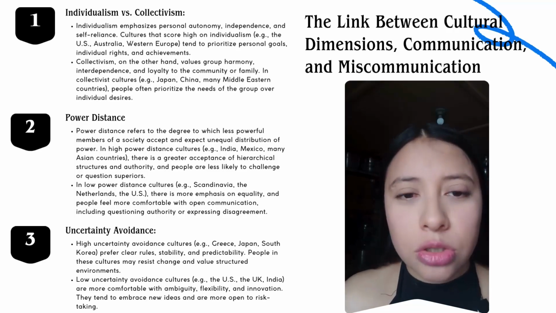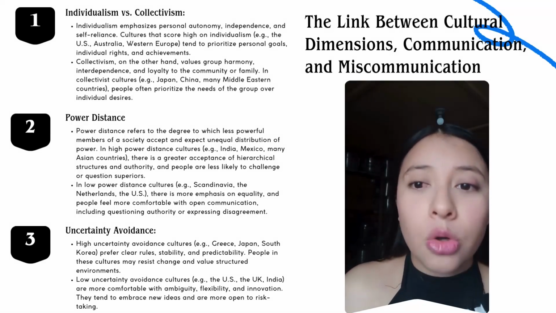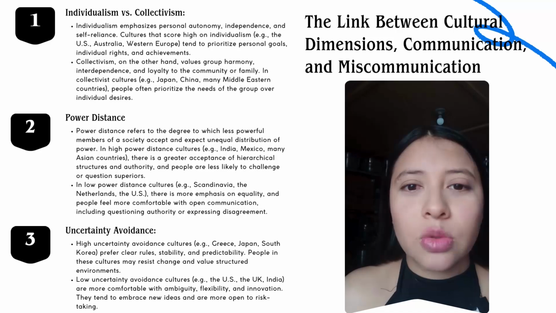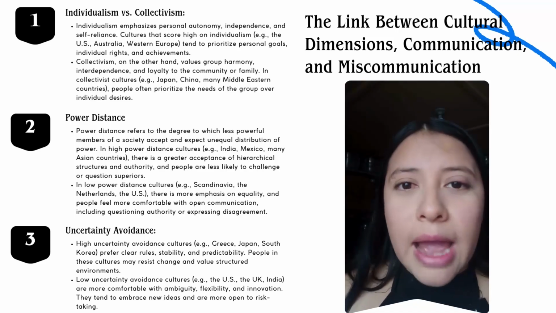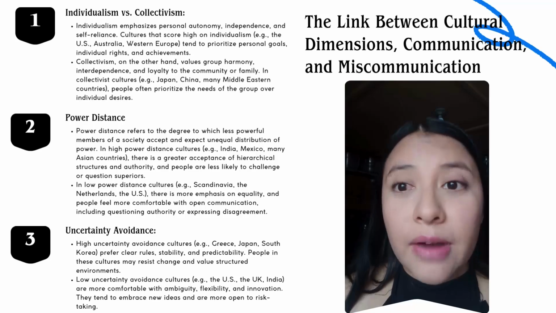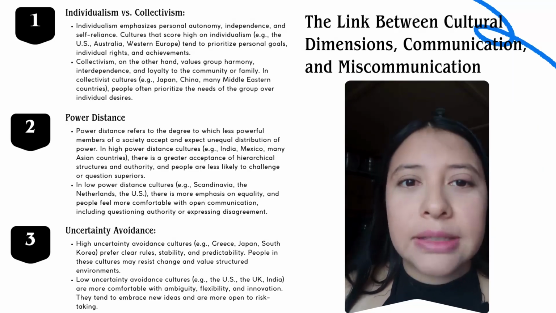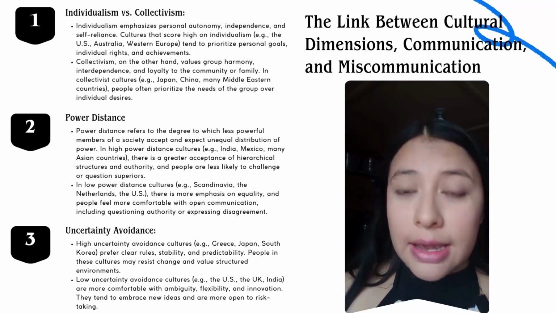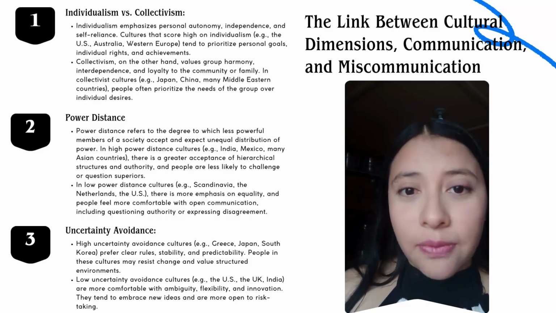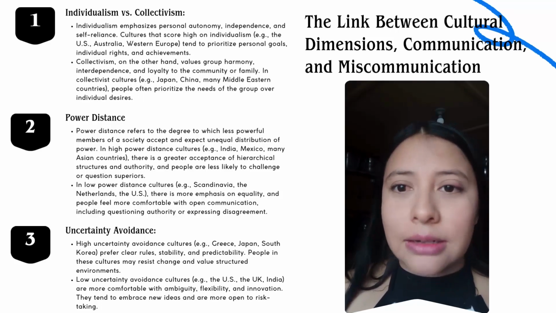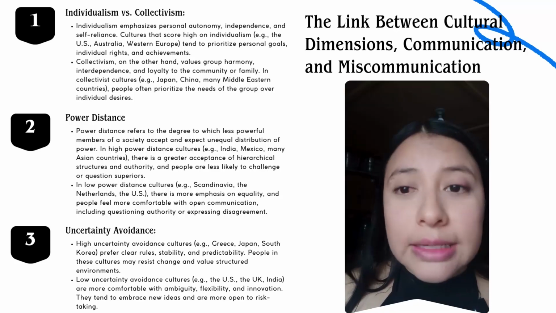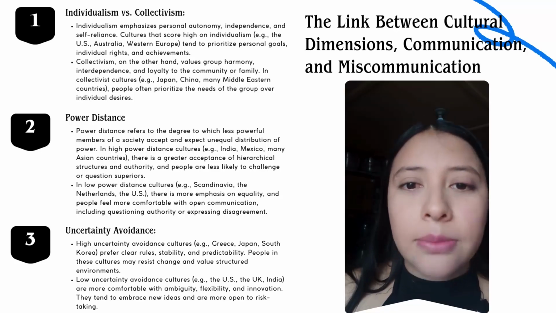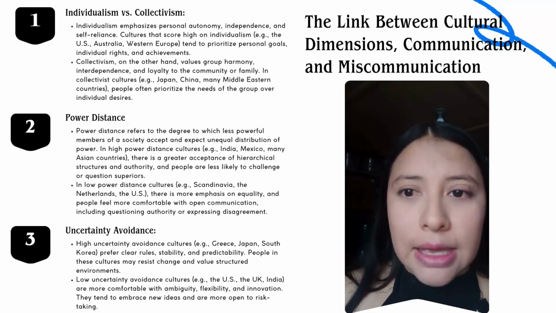Students should adjust their approach depending on the culture's power distance to maintain respect and avoid misunderstanding.